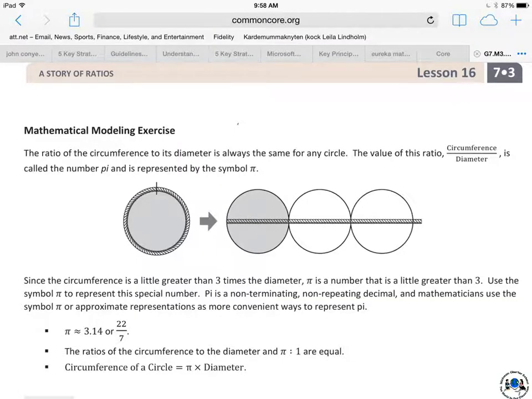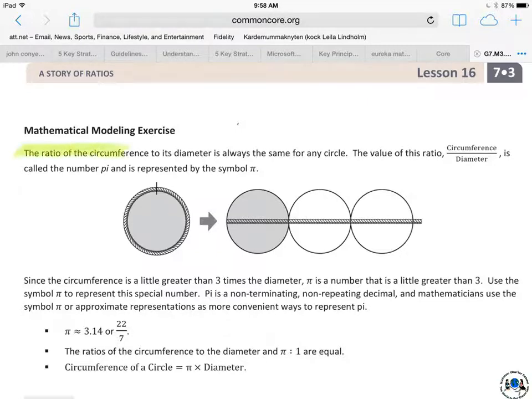I guess I hadn't gone far enough ahead in your binder to see, but pretty much everything they're telling you on this mathematical modeling exercise page is exactly what I just said. And here are your definitions.